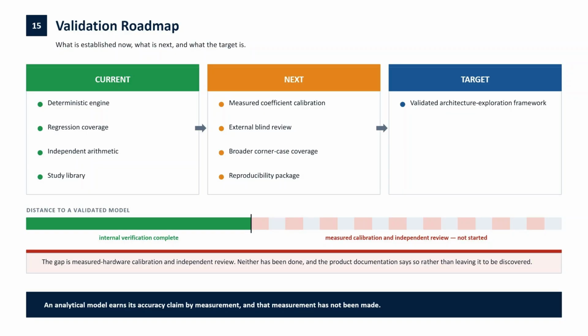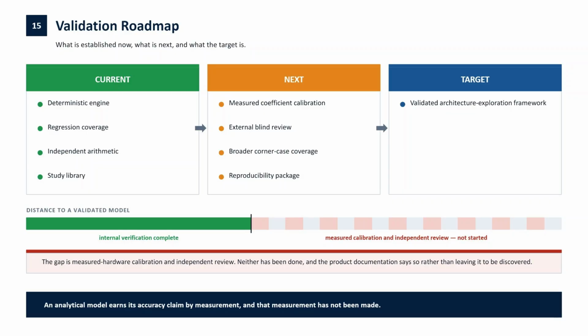The important point is not to confuse the current state with that final objective. A substantial internal verification framework is already in place. Measured hardware calibration and independent review, however, have not yet been established. At this stage, there is therefore not yet sufficient evidence to claim that PPACT Studio accurately predicts real hardware.